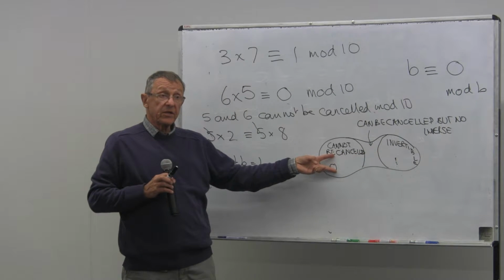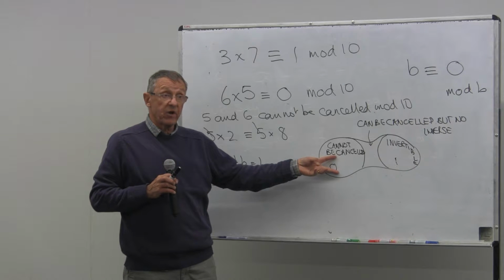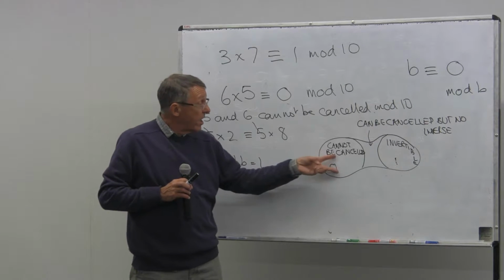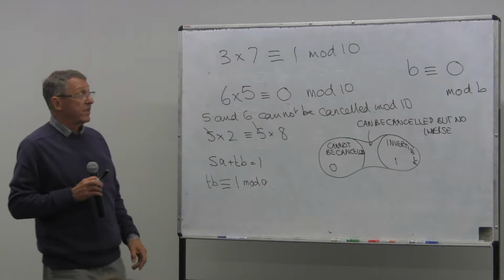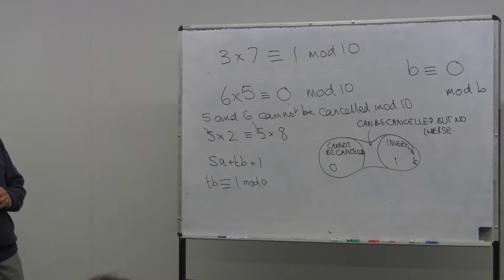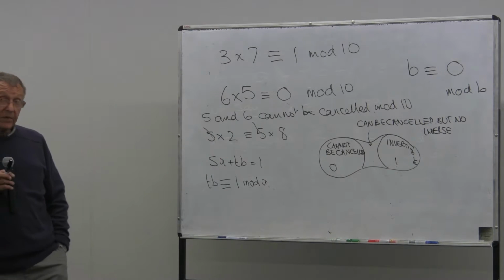All those that are not co-prime to A, that do have a common factor bigger than 1, cannot be cancelled. And so there's no middle ground in that case. And so this is a very interesting situation to follow up as well.